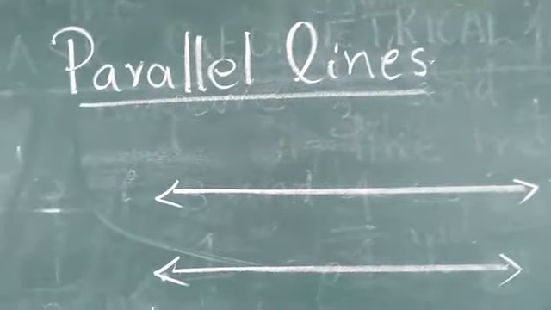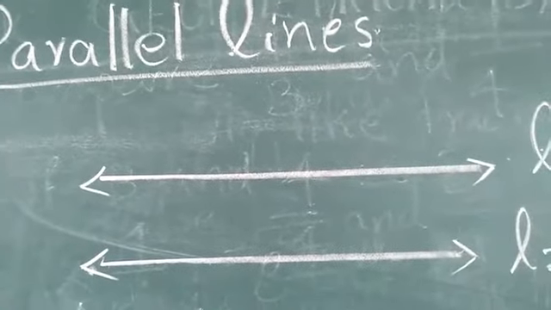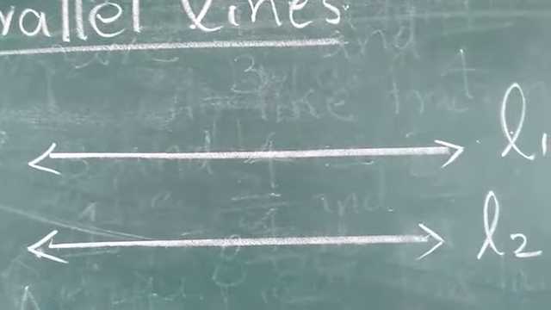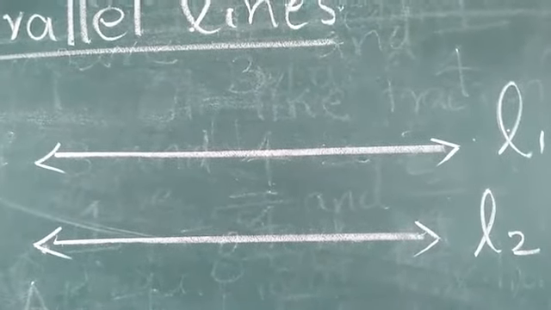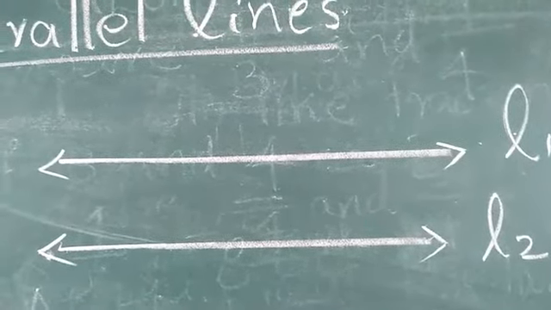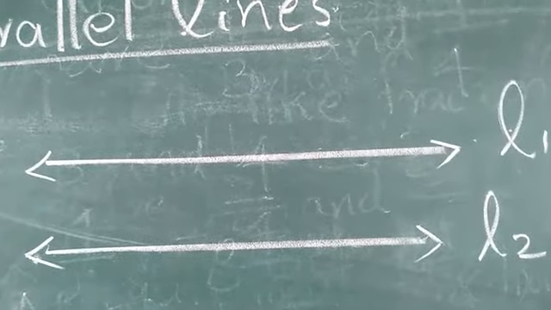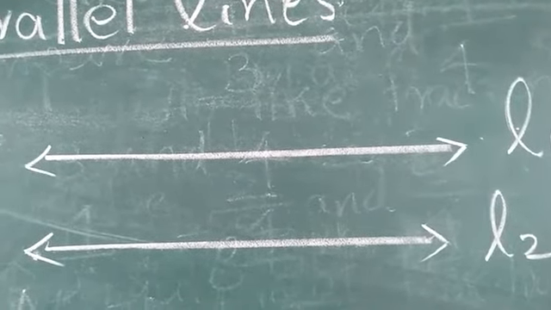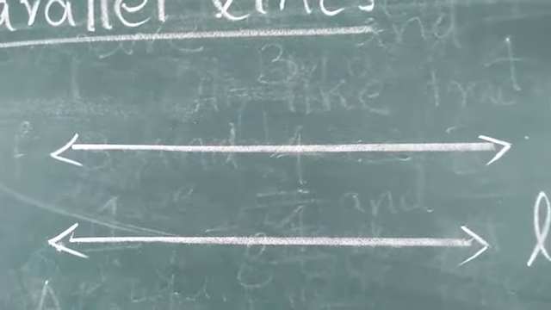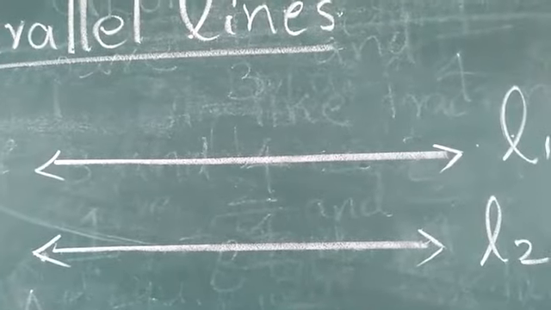Next concept is parallel lines. Parallel means here I drew two lines L1 and L2. These lines are not meeting at any point. They never meet at any point. That means if we extend to any length, we can see they are not meeting together.